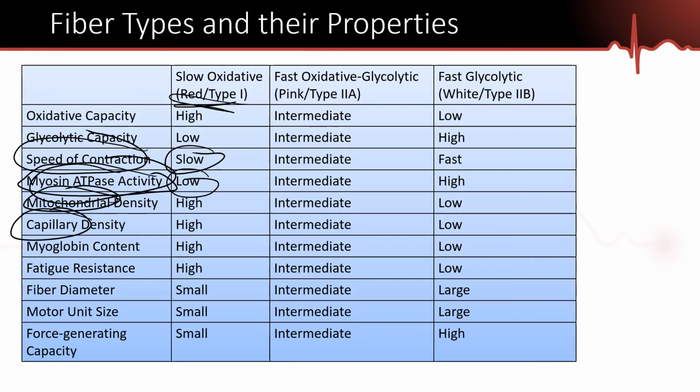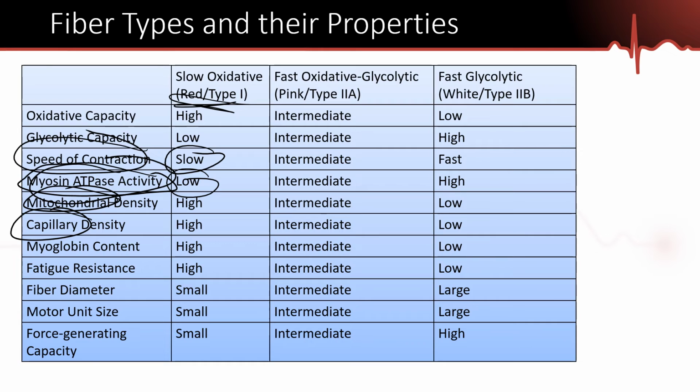So this is the overarching point. When you compare fast to slow twitch muscle fibers, you find that fast twitch muscle fibers consume much more ATP over short periods of time than slow twitch muscle fibers do, for obvious reasons. Now, hopefully they're obvious.